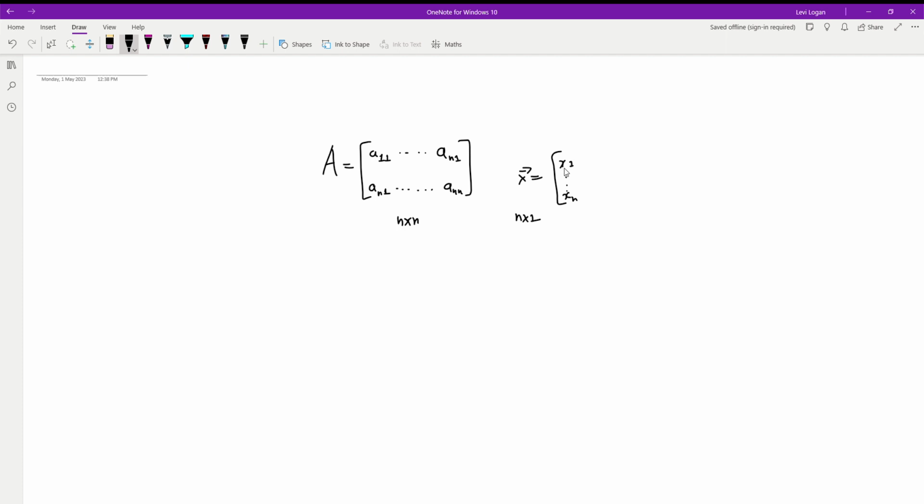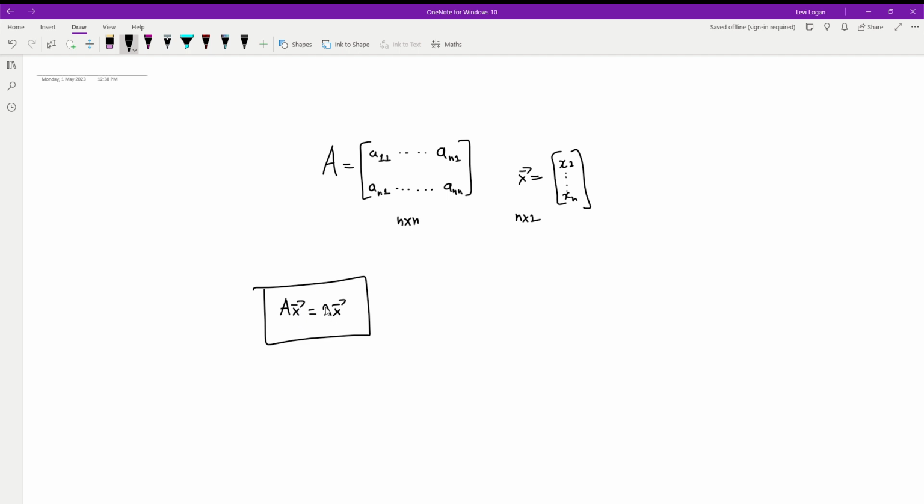So if we multiply this matrix and this vector together, and this vector here is an eigenvector, what you'll get as a product is a multiple of that particular vector. So this is basically what eigenvalues and eigenvectors mean in linear algebra. You take a matrix and multiply it by a specific vector and you get a multiple of that vector.